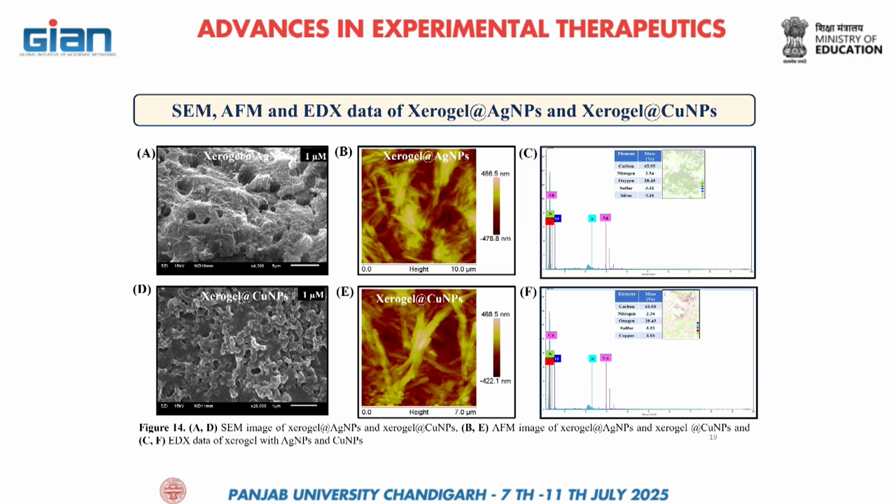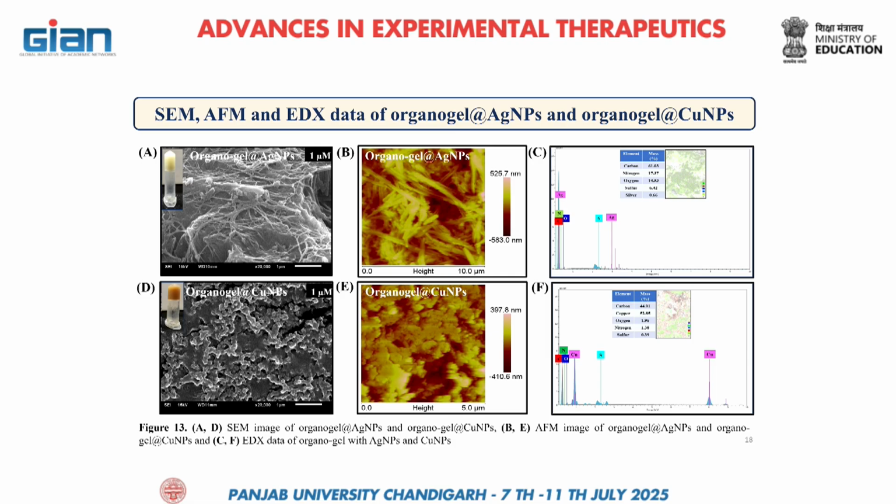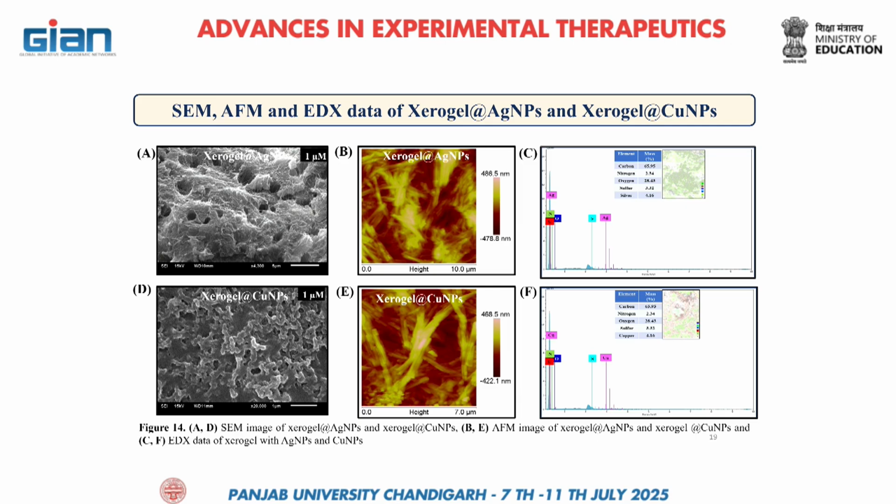And if I generate the xerogel out of these two, whatsoever organogel with silver and organogel with copper I have, I get almost a similar type of shape or similar geometry. So, supramolecular interaction: if I take only the xerogel, only the organogel, the organogel with copper, or the organogel with silver, their supramolecular interactions are not disturbed if I remove the water out of the system.